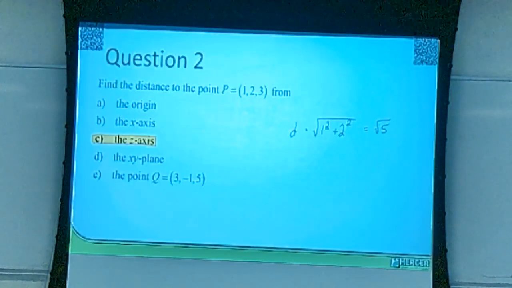Another way you could look at it is doing projections. For this one, for instance, if that's our point, look at the projection of that point on the xy plane, because you're getting rid of the z-axis. Now find the distance of that projection from the origin.